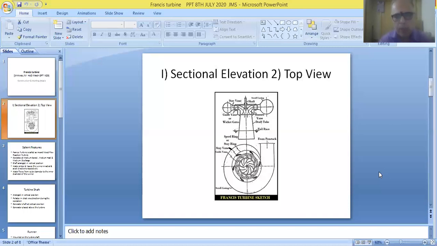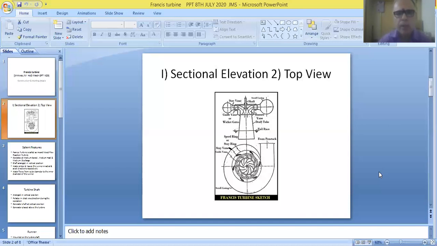And finally, this guide wheel is covered by means of a casing. That means the casing is put around the periphery of the guide wheel. It is made in the form of a spiral, therefore it is referred to as a spiral casing.